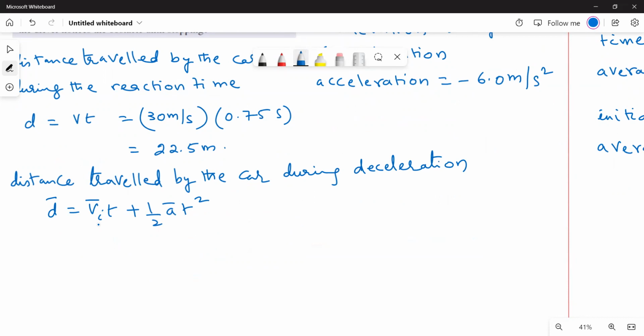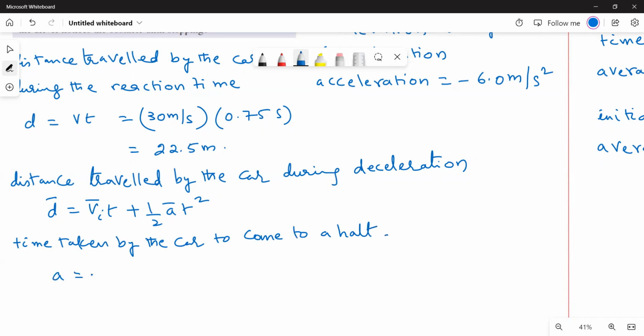We know Vi, we know A, but we don't know T. Now we have to find out T. This is the time taken by the car to come to a halt. That we have to find out using the kinematic equation.